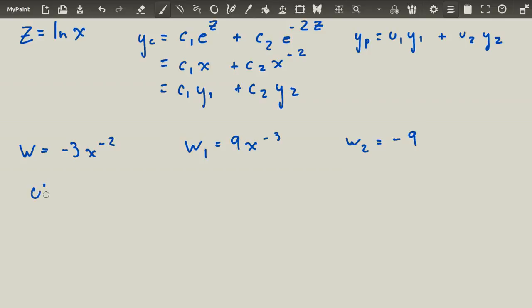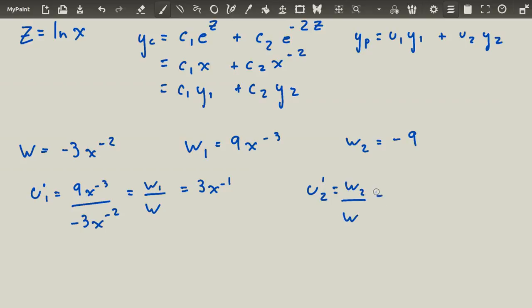So u prime of 1 is equal to 9x to the negative 3 divided by negative 3x to the negative 2. And that's just w1 by w. So that means that u prime of 1 is equal to 3x to the negative 1. U prime of 2, we solve the same way, w2 by w, and that winds up being equal to 3x squared.